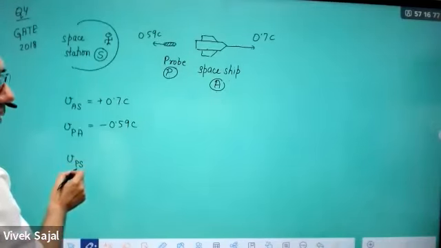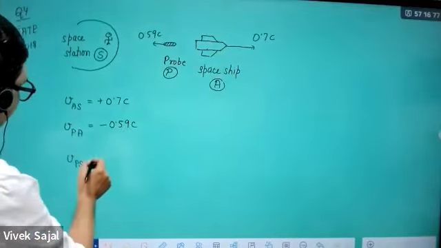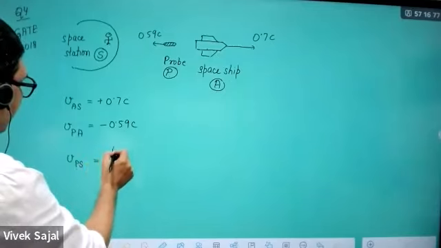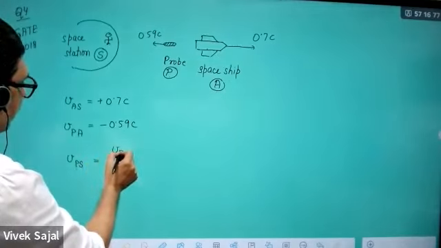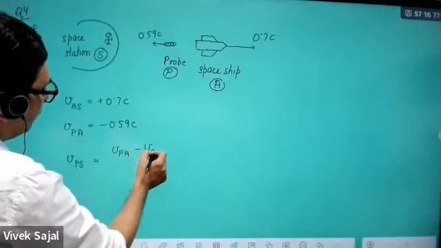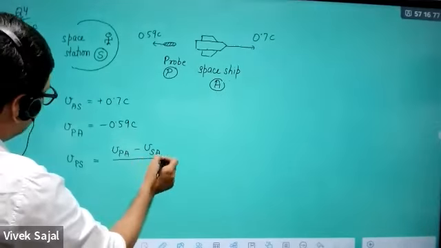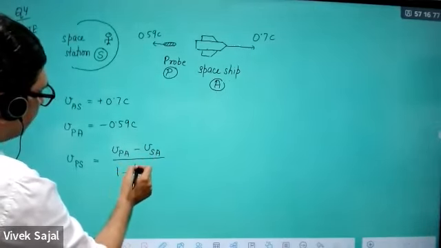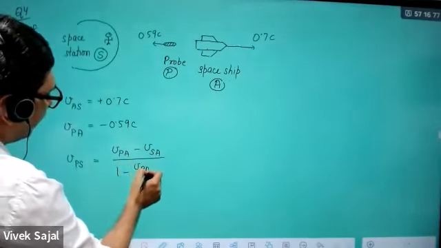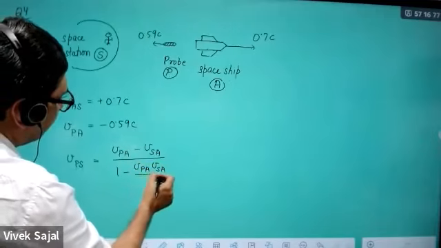The probe is there, the space station is there, the spaceship is missing. So this will be velocity of probe with respect to A minus velocity of the space station with respect to A, divided by 1 minus VPA times VSA divided by c square.